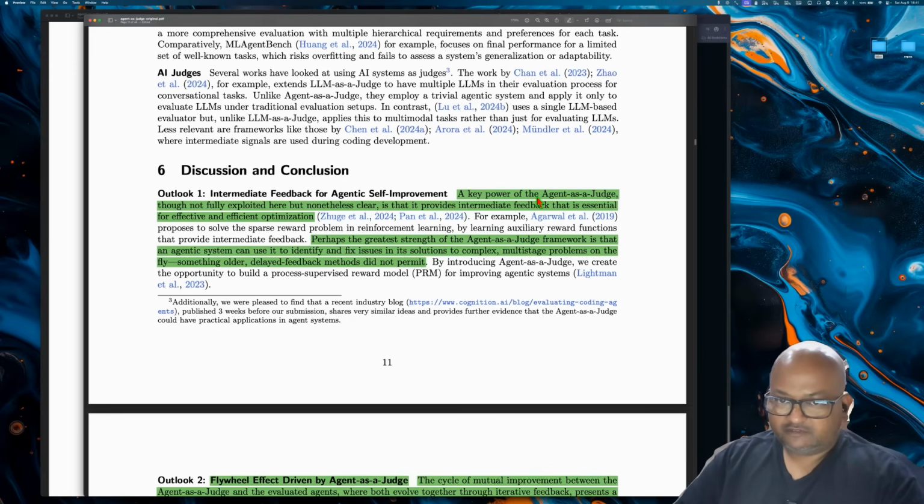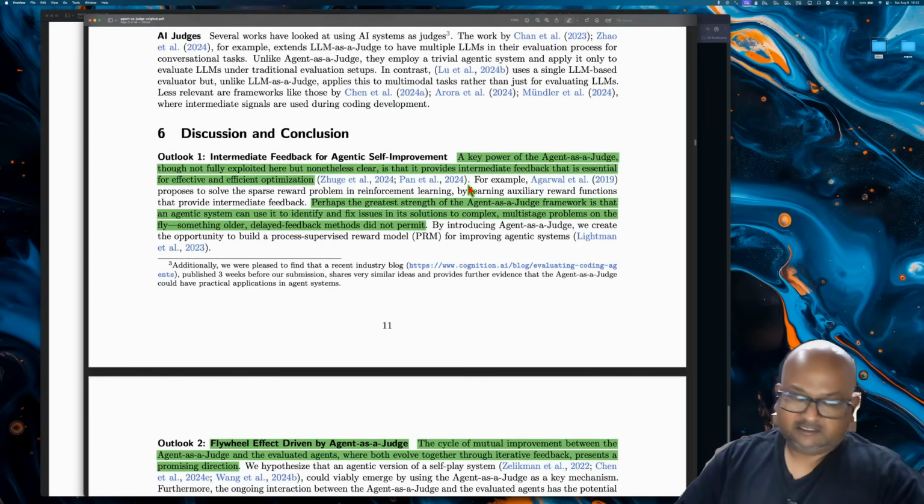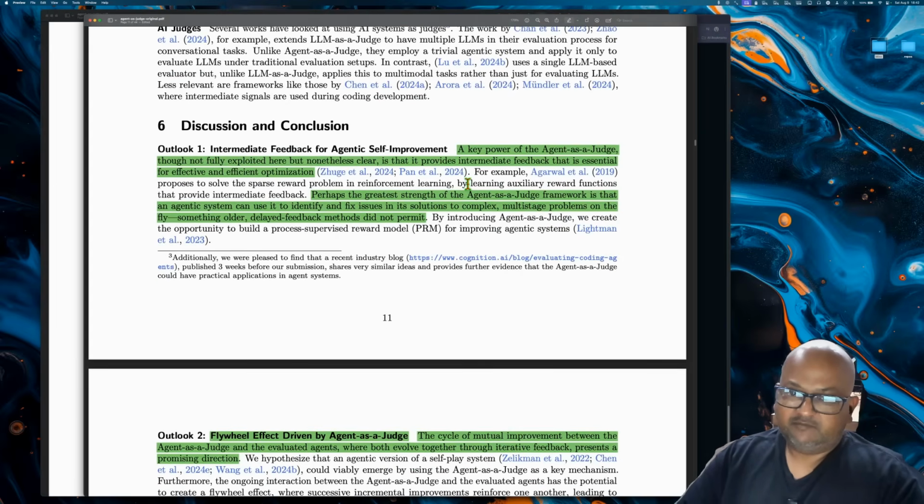So you can almost view this agent as a judge as a parallel watcher/verifier/correction agent that is running with the main agent. So that really has the potential to have a big impact on the efficacy of the original agent. Now, whether you'd structure it as a completely different agent or do something different is an open question, but this is something that has a lot of potential for improving how agents work.